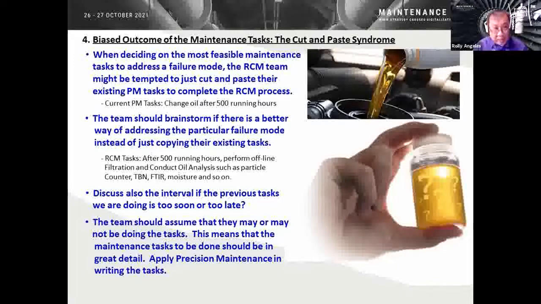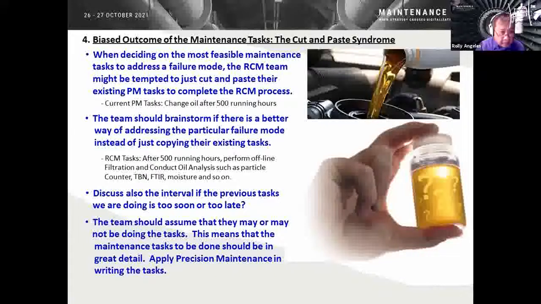Now, we can apply precision maintenance in writing the task. The concept of precision maintenance is that whoever is doing the task, whether you are the most experienced or the least experienced among the maintenance craft, will yield the exact outcome, okay?